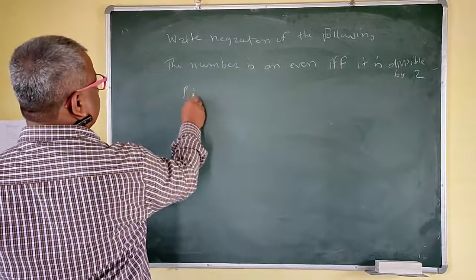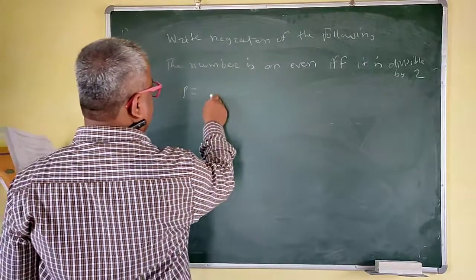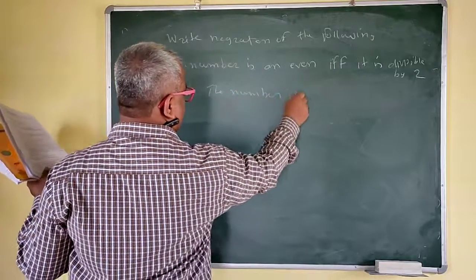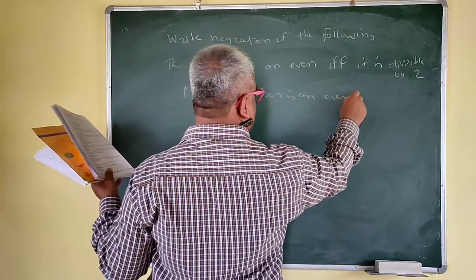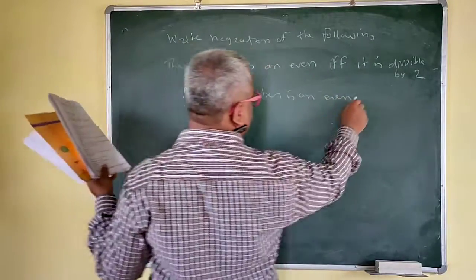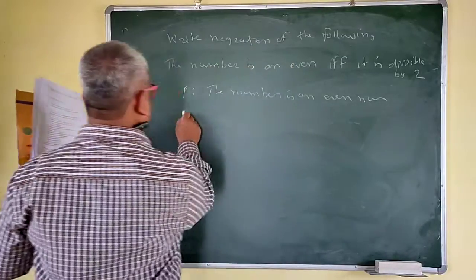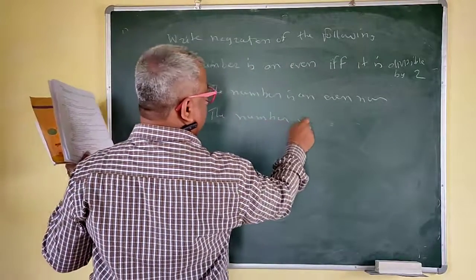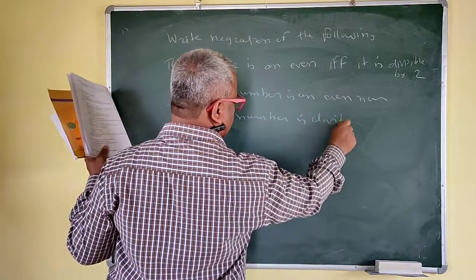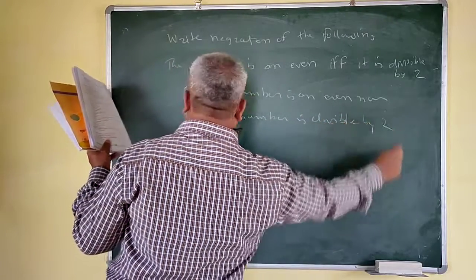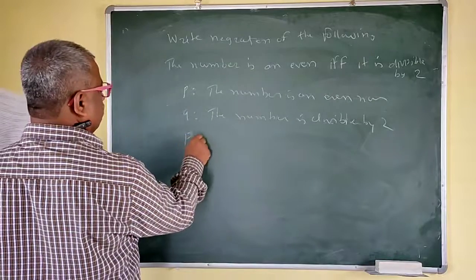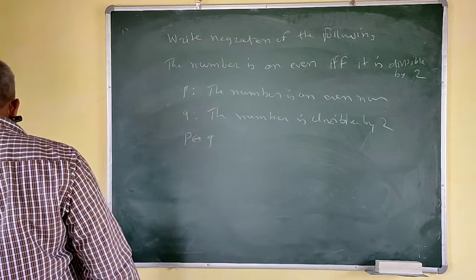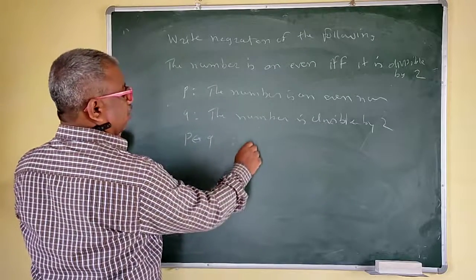P is, the number is an even number. And Q is, the number is divisible by 2. And this is your symbolic form, if and only if. Okay? So P if and only if Q is the given statement.